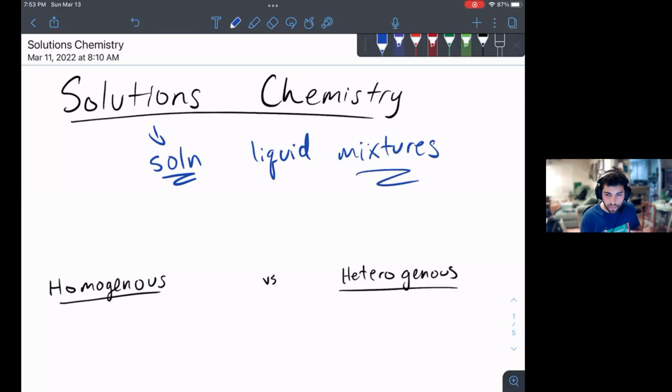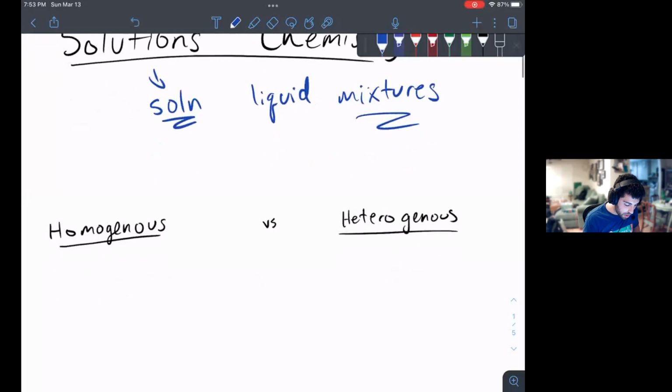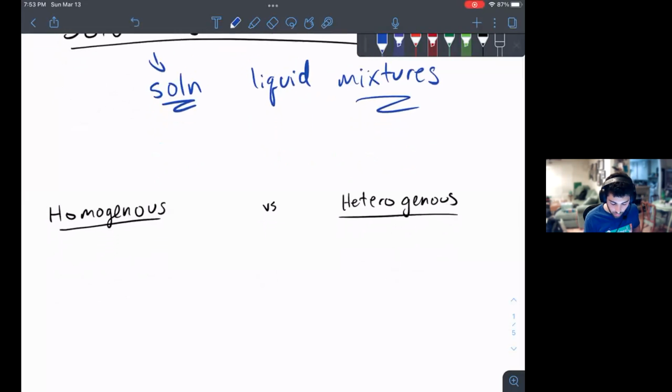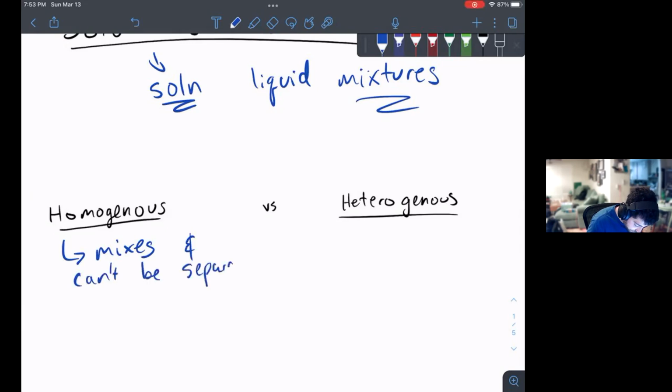And we're going to first start off by defining a whole bunch of terms. So I'm going to do that as quickly as possible. First off, we have homogeneous versus heterogeneous. Homogeneous is anything that mixes and can't be separated by physical means.